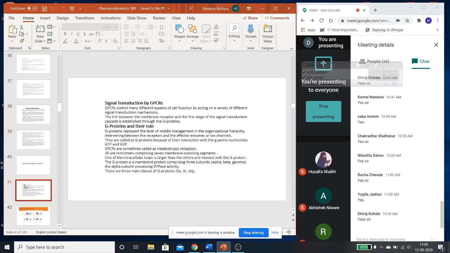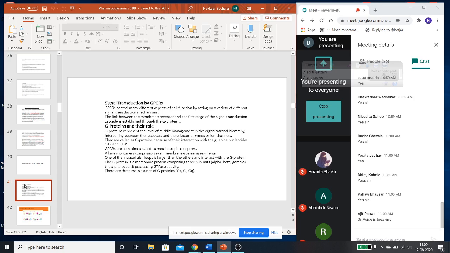So you note down, today we learn a few important words. We learn about signal transduction. We learn about the terms affinity and intrinsic activity. Yes, two important things: signal transduction is one thing, and second we learn about various concepts in agonist and antagonist.